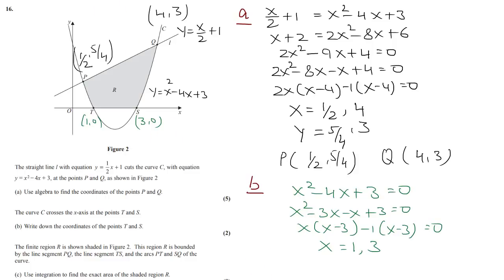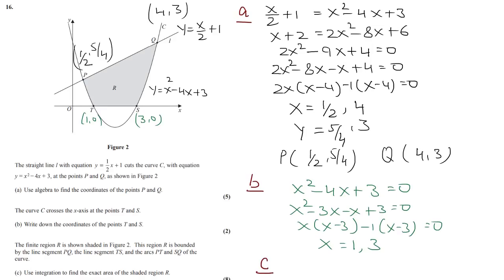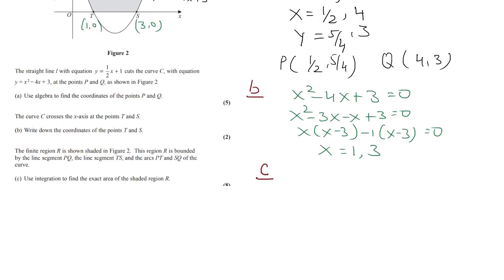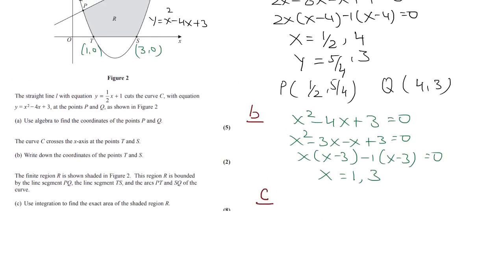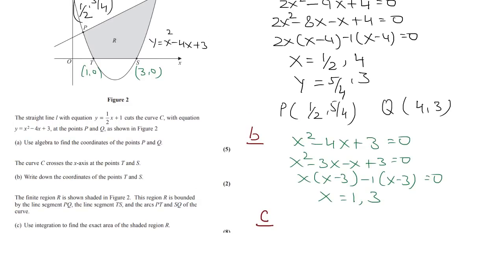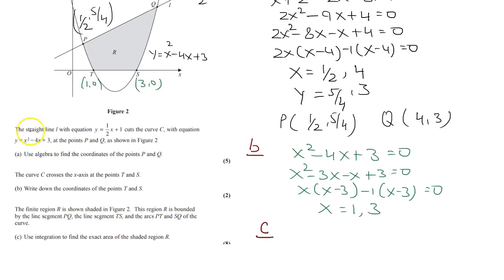Now part C. The finite region R is shown shaded in figure 2. This is bound by the line, this area. Use integration to find the exact area.